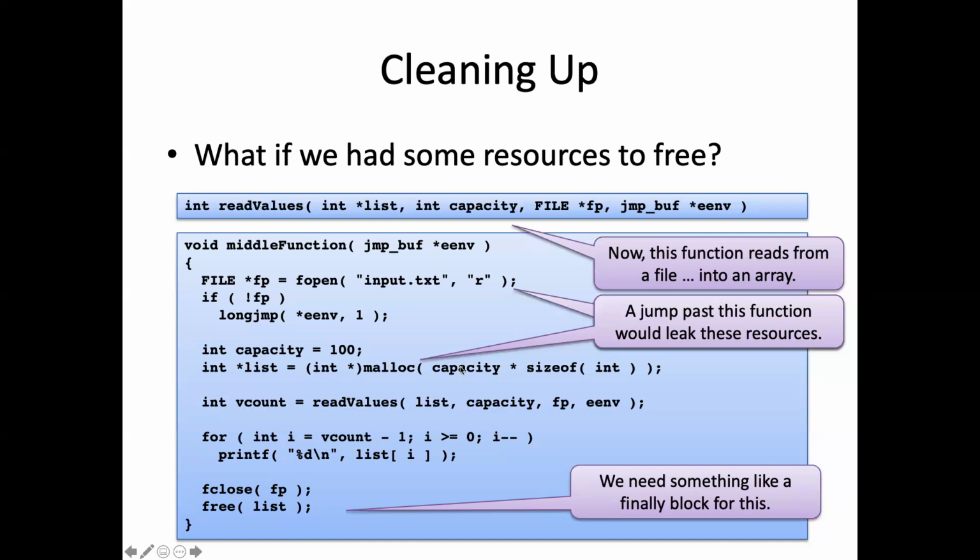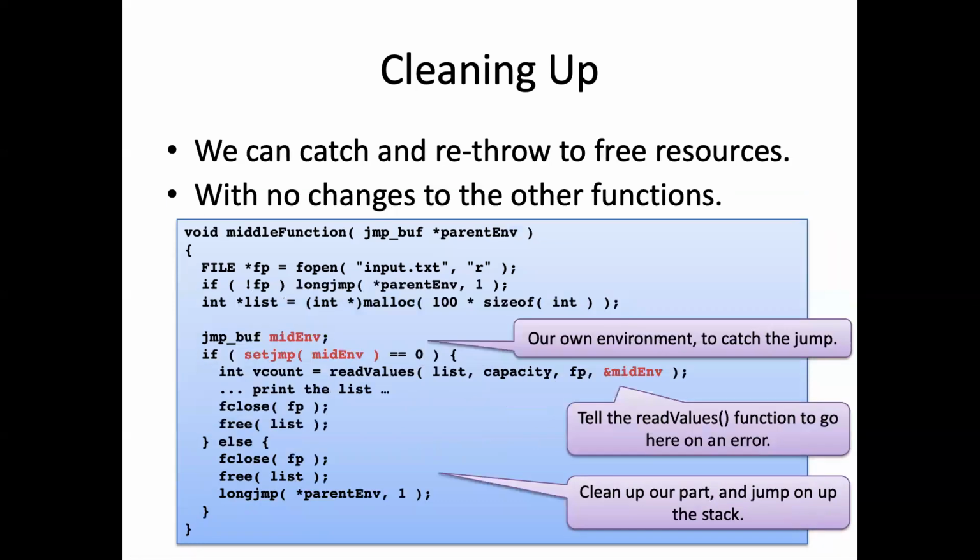Well, since we're passing the environments around, we can just make a new environment that lets us stop off at this function, even if an error happens in the function that we call. So, same middle function, I've just changed it.